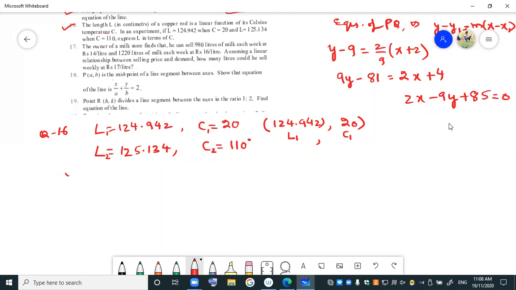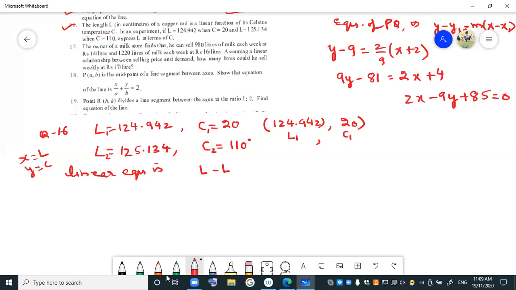Then the linear equation, which means the equation of a line, is y minus y1, and you can use L and C for x and y. The formula is x minus x1.